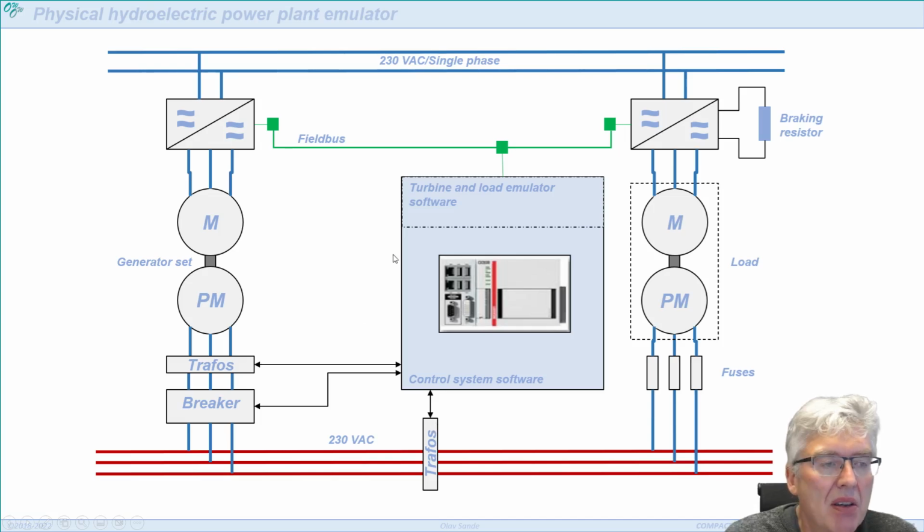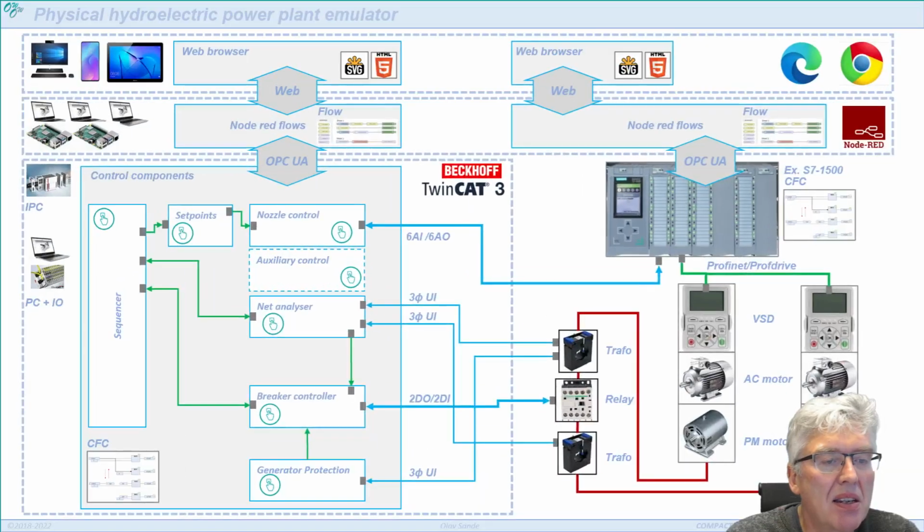It would look something like that. We have a model that is controlled by a PLC. Here is a schematic of the PLC with operation. Could use, for instance, web-based operation. And then the control system is over here.